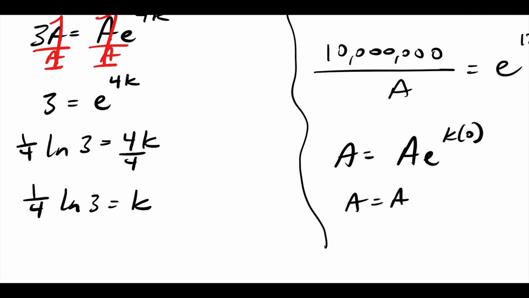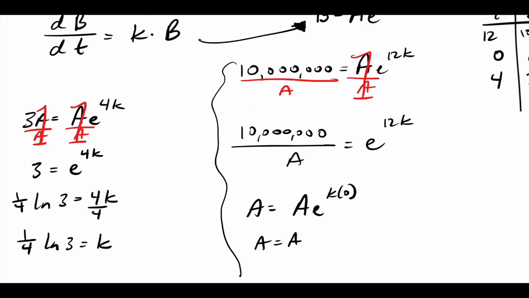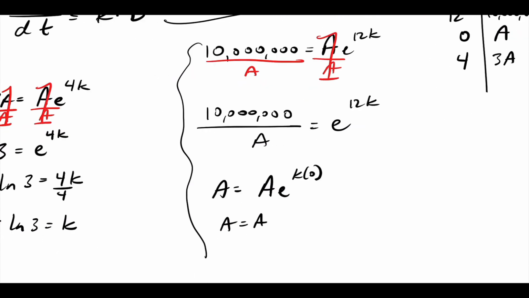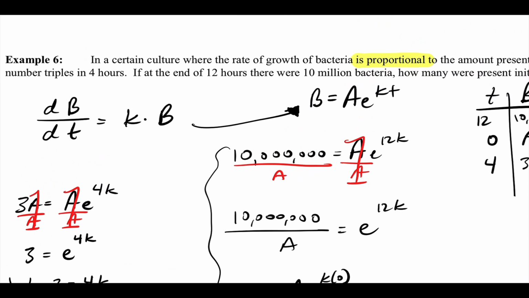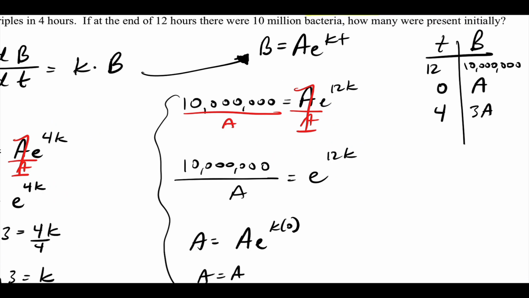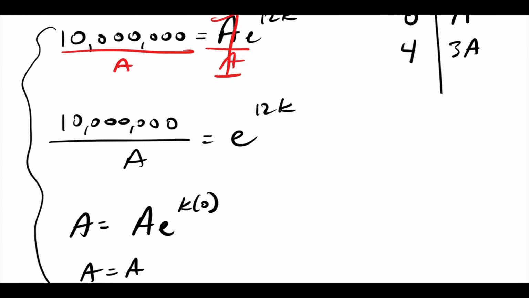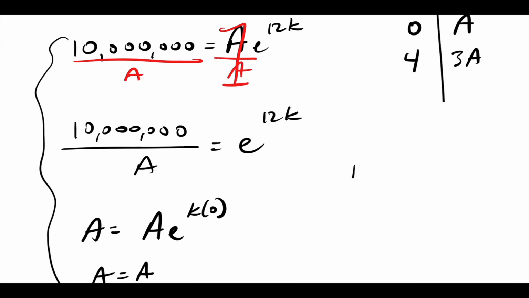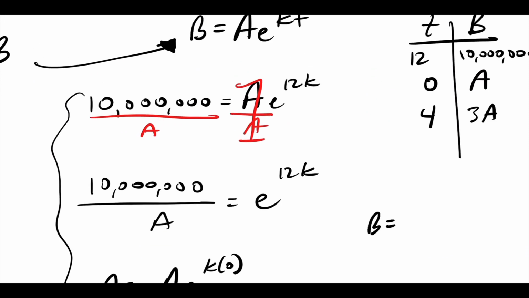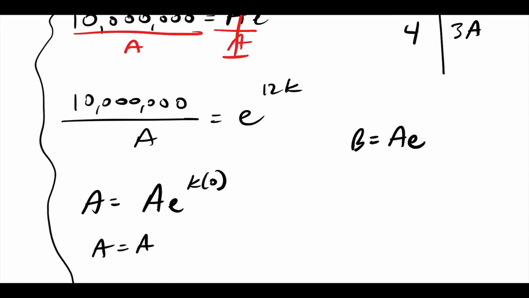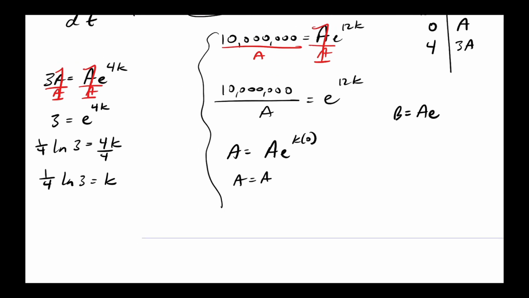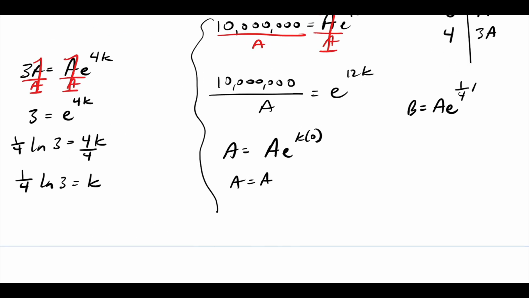So now we got K. So let's plug in what we got. So we got B equals A, e to the K T. Now we know what K is.